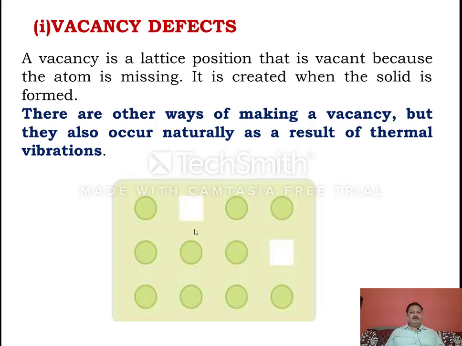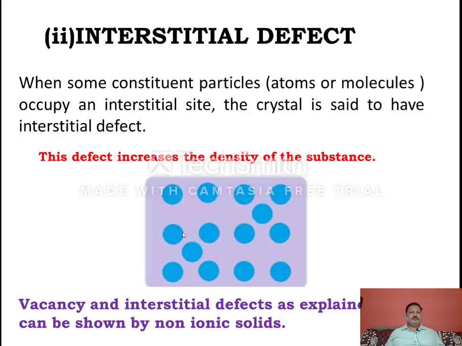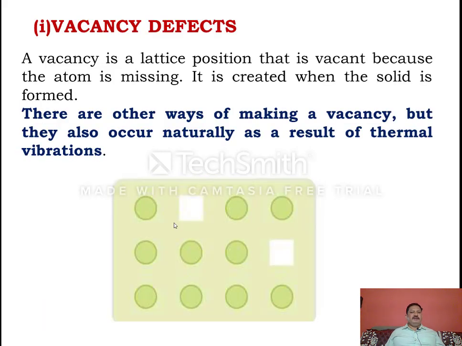In certain sites of this crystal lattice there are vacancies of atoms. That's why this defect is called a vacancy defect. The adverse effect of this vacancy defect on the properties of the material is that it is going to decrease the density of the material.